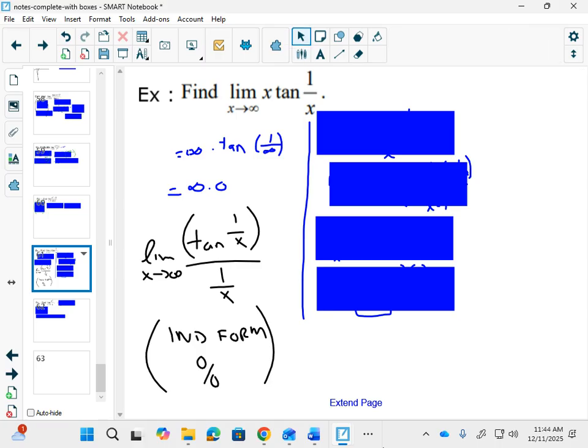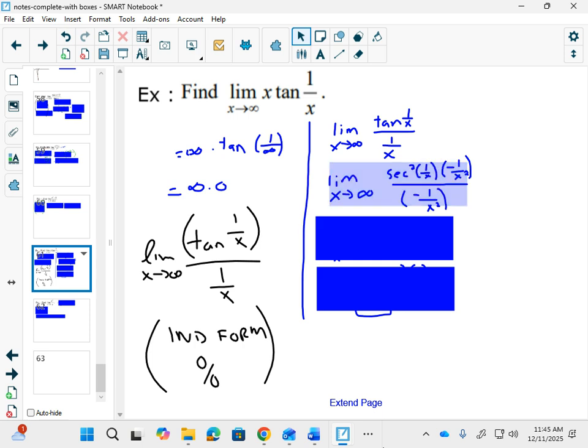So sometimes we have to take our equation and rearrange it so it fits the indeterminate form. Once it's been rearranged, now you can take the derivative of the top and the derivative of the bottom with L'Hopital's. Ooh, secant squared.